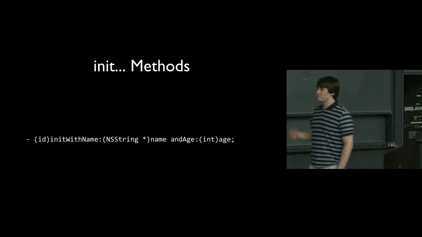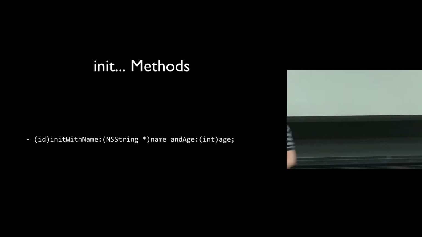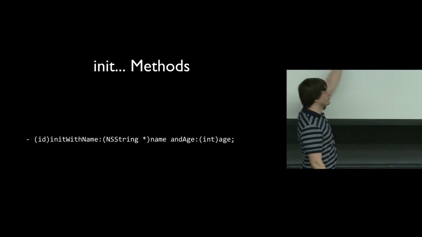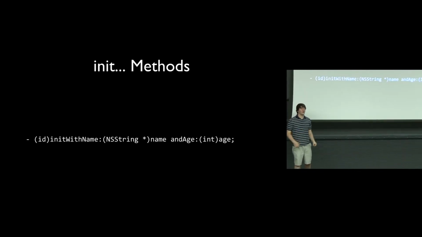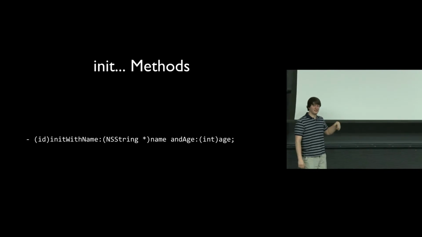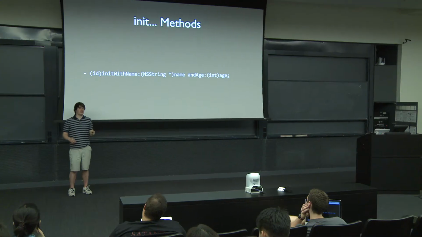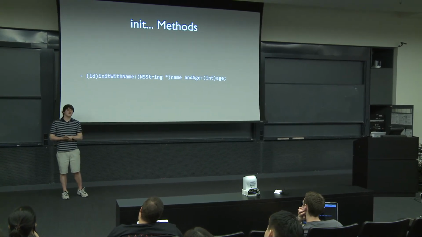Reading this method, we have an instance method, because it's a dash. It's going to return an id. This is also convention. We know that it is necessarily returning a student star, and remember that id is just a catch-all for all objects. The convention for initialization methods is that they return id.